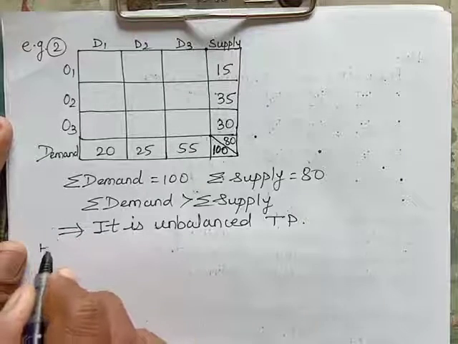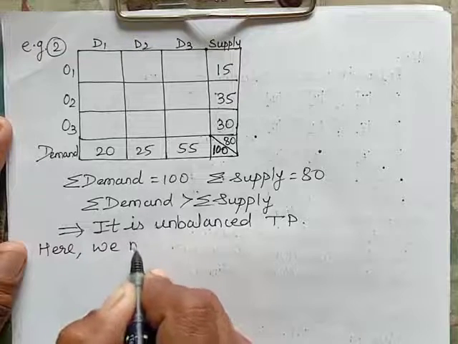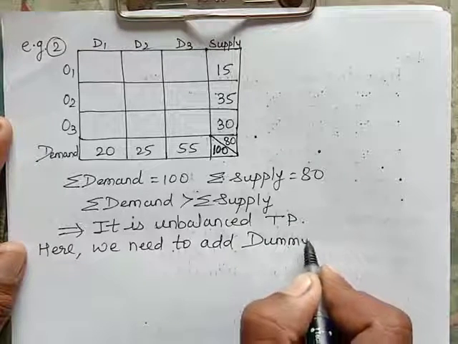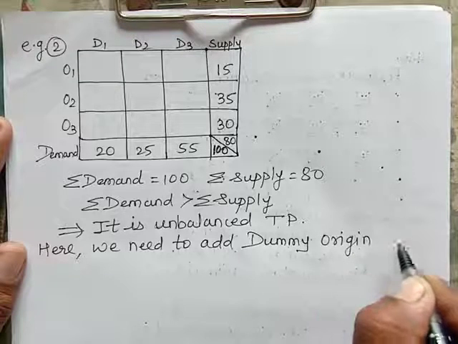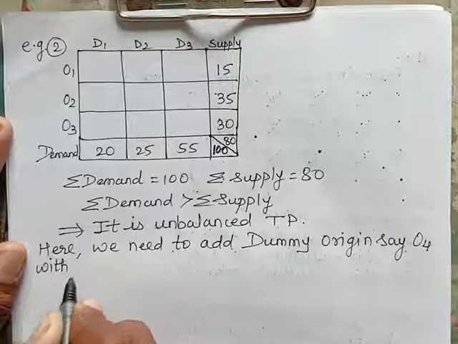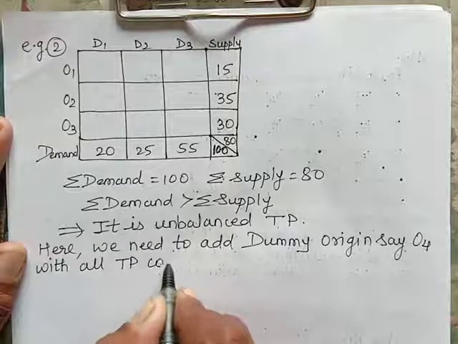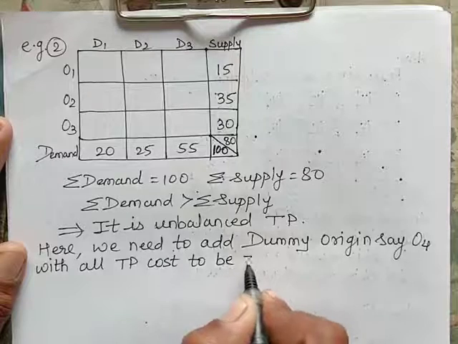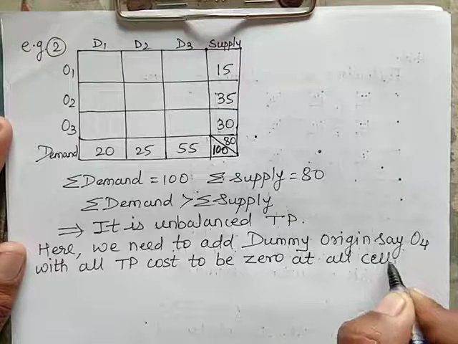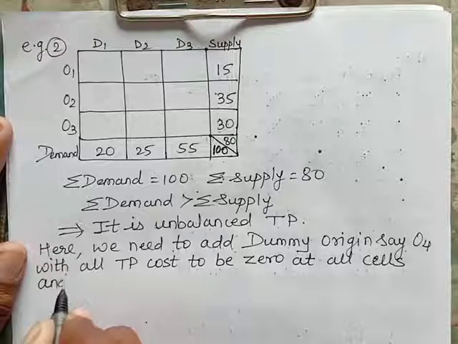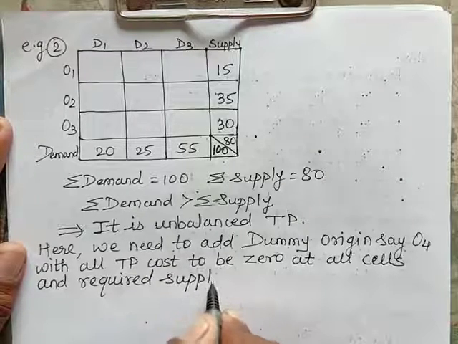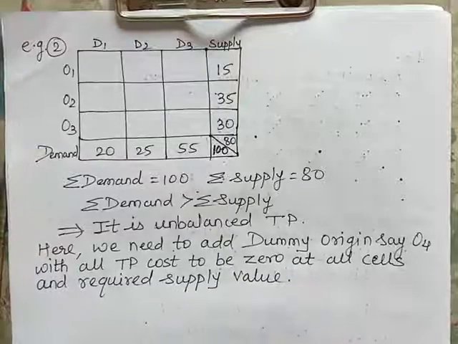So here we need to add a dummy origin, say O4, with all TP cost to be 0 at all cells and the required supply value.